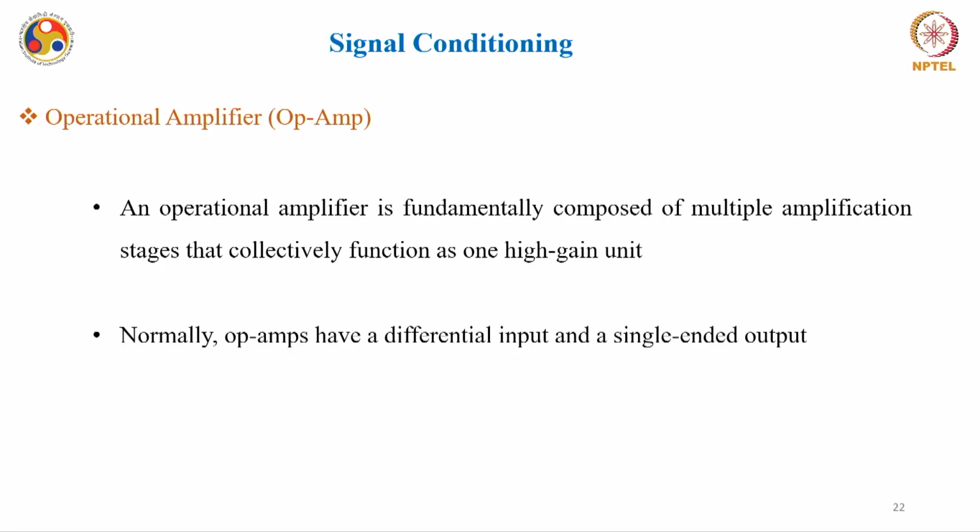But what we will do is take it as one component, and we'll understand that it has very high gain, particularly the differential gain is very high. Okay, so the op amp has a differential input and a single ended output. Say V1 and V2 are the inputs at these two terminals, and this is the output.